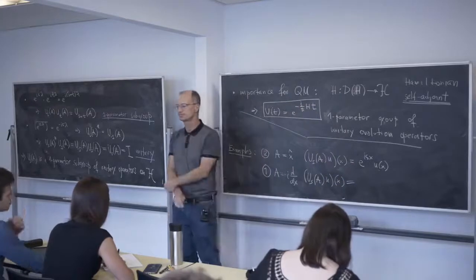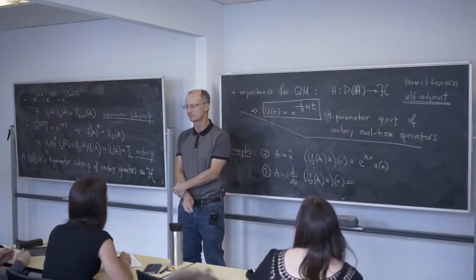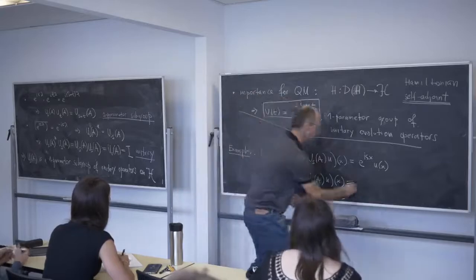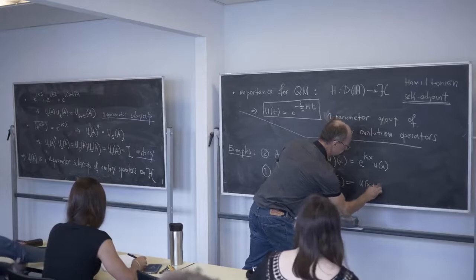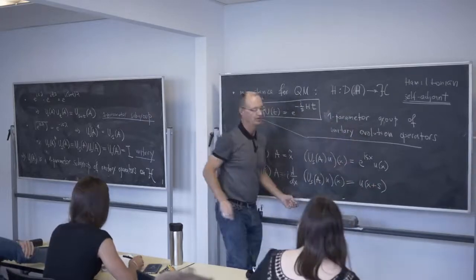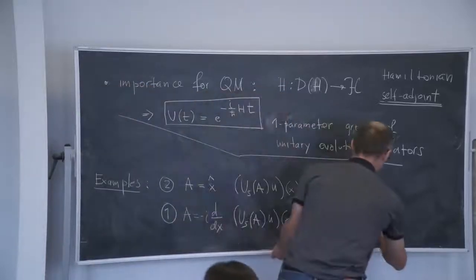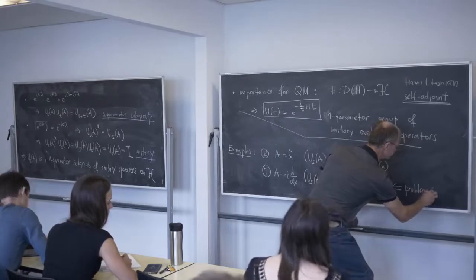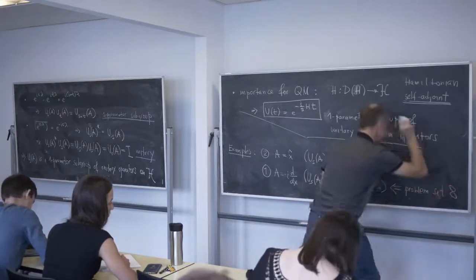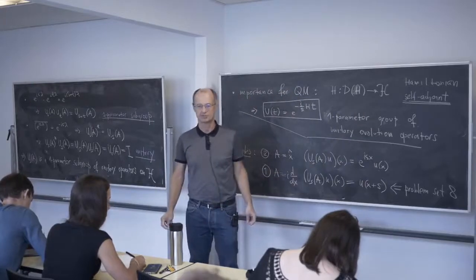Now, quantum mechanics experts, what is it? u of x plus s. Yeah, this had better be u of x plus s. So this will be one of the exercises of problem set 8, to establish that formula.